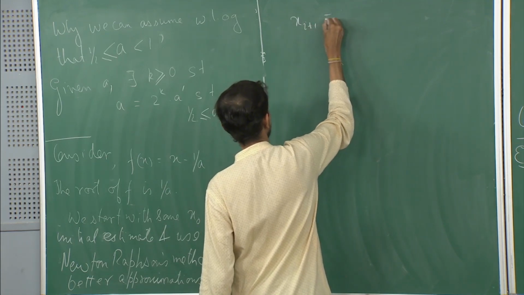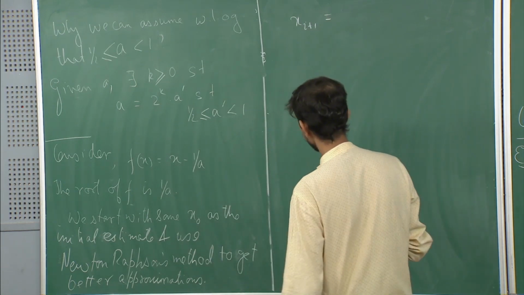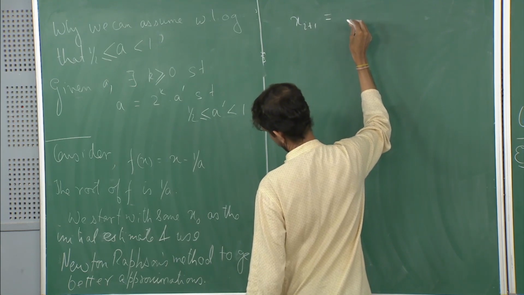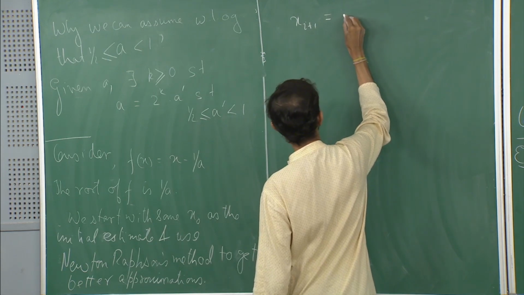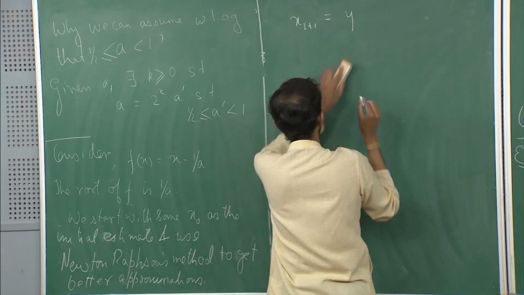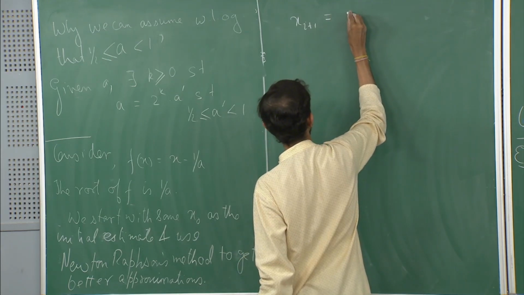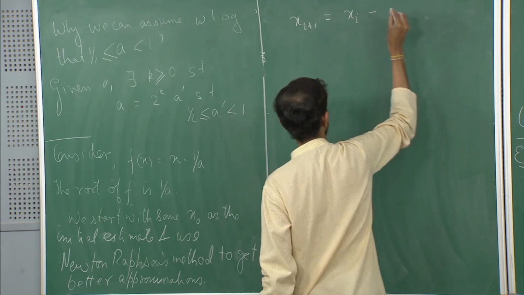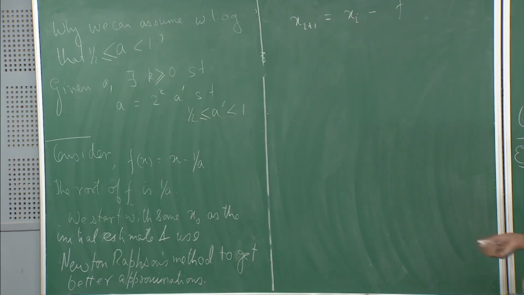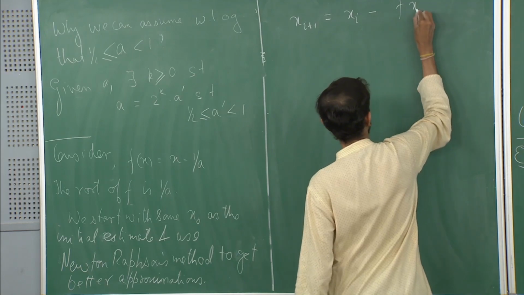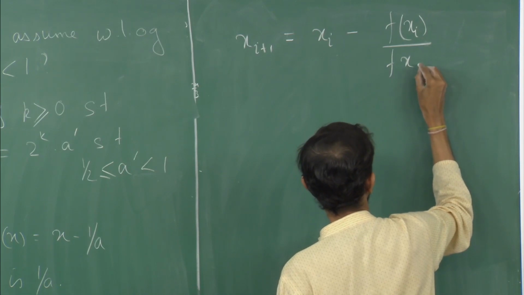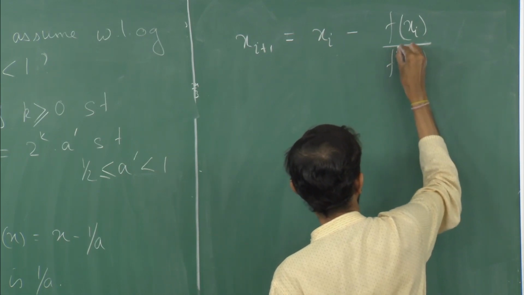So xi plus 1 will be equal to xi minus f of xi divided by f prime of xi.